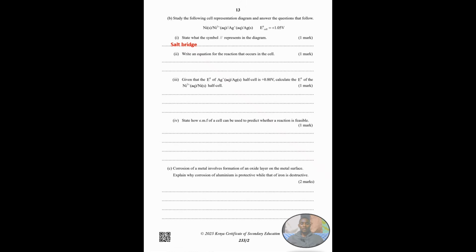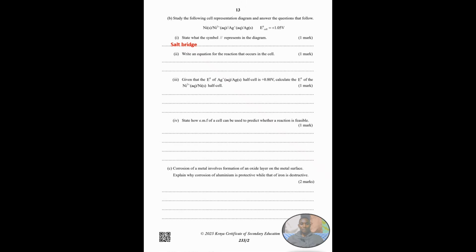So we call it a salt bridge. Write an equation for the reaction that occurs in the cell. So we are supposed to write an overall equation. In this case, we can see that nickel is being oxidized and silver is being reduced.